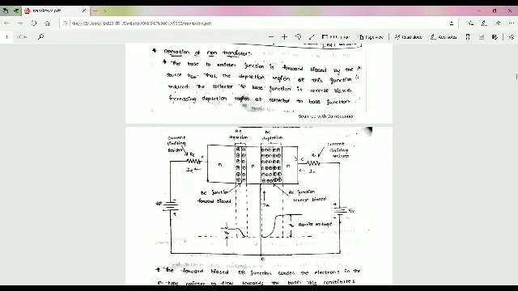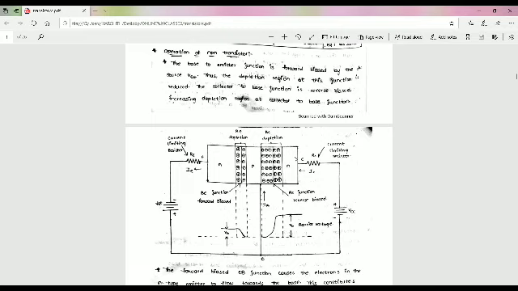The relationship between these currents is IE equal to IC plus IB: emitter current equals collector current plus base current. This is very important.